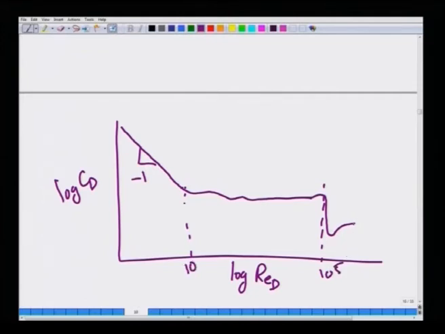Here the sudden decrease is because there is a transition from laminar flow to turbulence. The boundary layer past the sphere has become turbulent. As in any flow, when the Reynolds number increases, many flows are susceptible to this transition from laminar to turbulent flow.